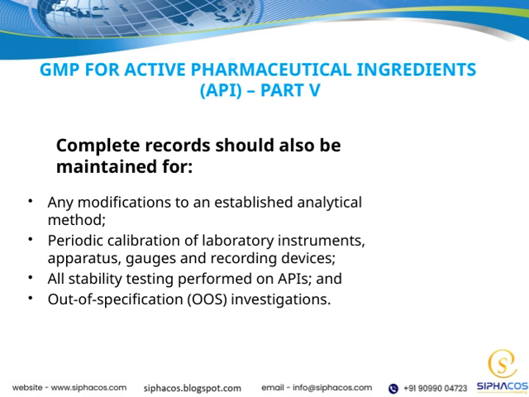Lastly, out-of-specification investigations must be properly documented to address any deviations and prevent future issues. Maintaining complete and accurate records of these activities is vital to uphold good manufacturing practices for active pharmaceutical ingredients and ensure the integrity of our quality system.